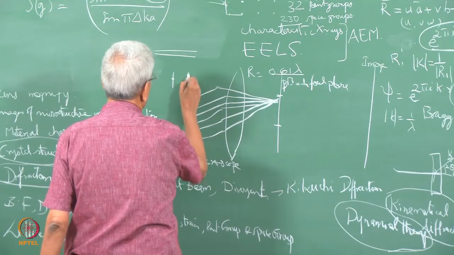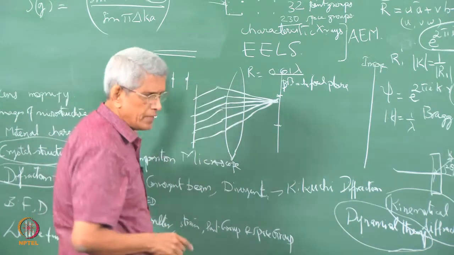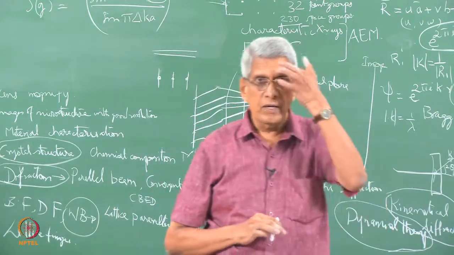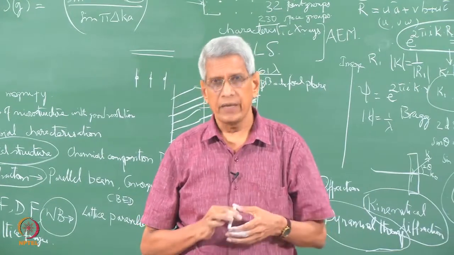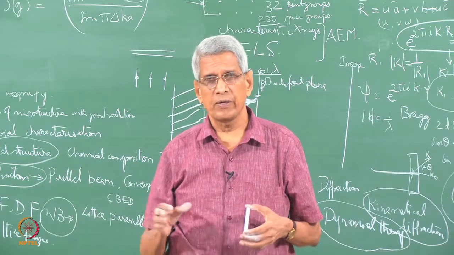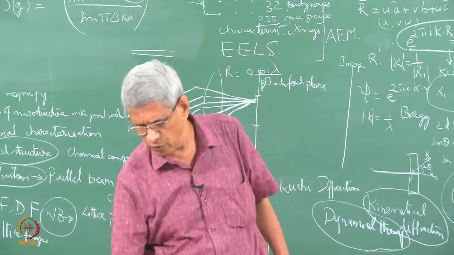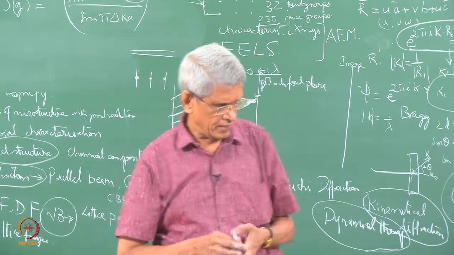This is responsible for many imaging characteristics of the sample. Because of this, even when we tilt the sample, the diffraction pattern remains for a long time. That is one of the reasons why we do not use it to find out the lattice parameters very accurately.